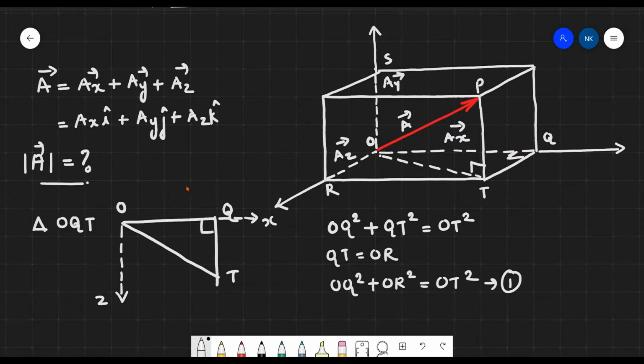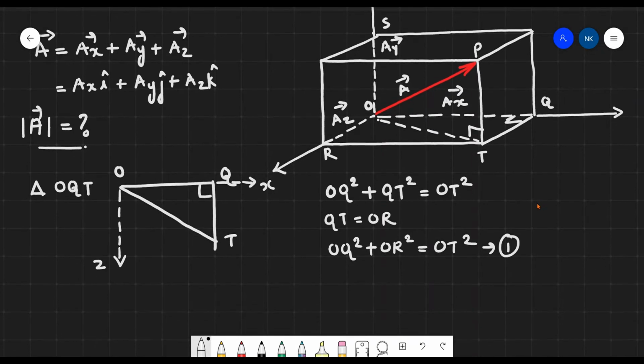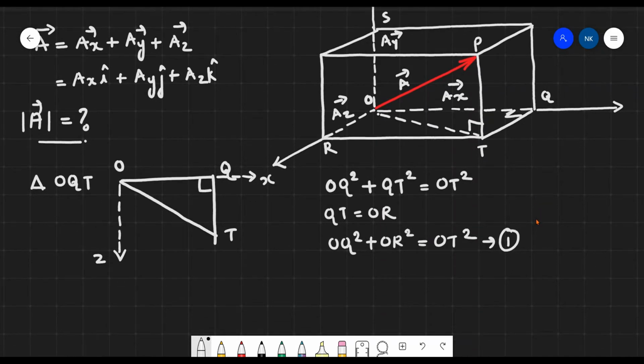Now I am going to consider triangle OTP. Here you need to look at the triangle in this way.